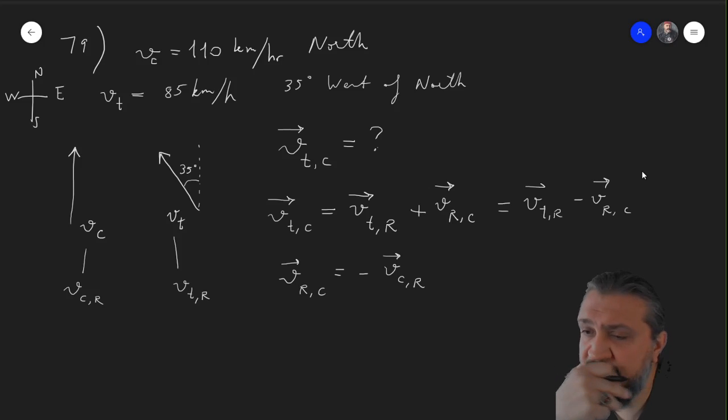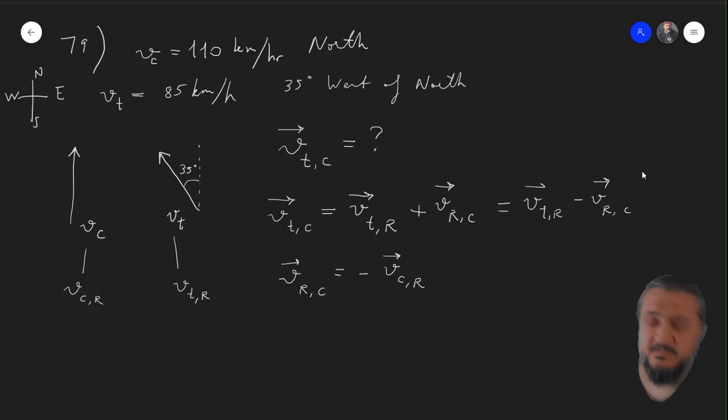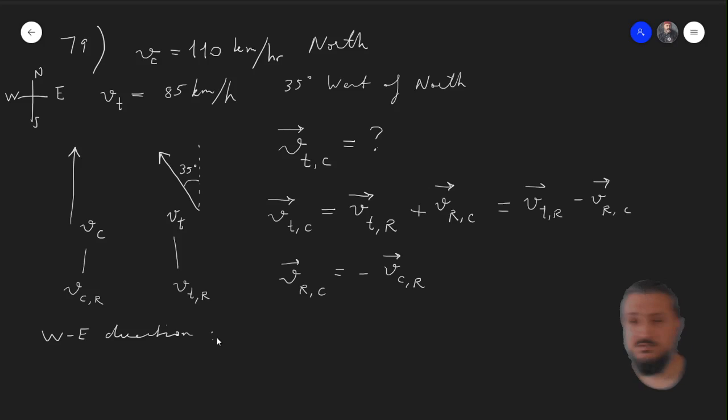All we have to do is write this vector equation in terms of the components. You can call it x and y, or east-west and north-south. In the east-west direction, that'll be the x component. So here's your equation, VTC.